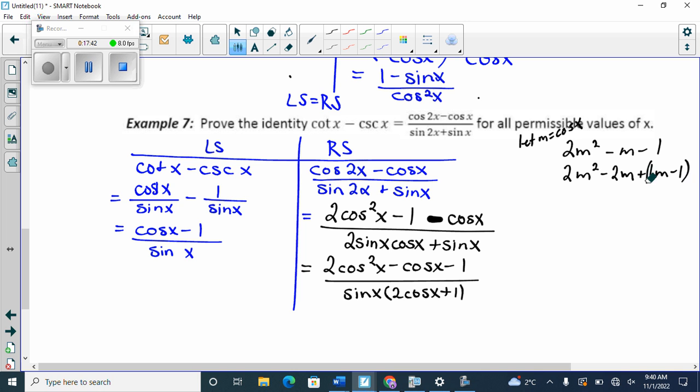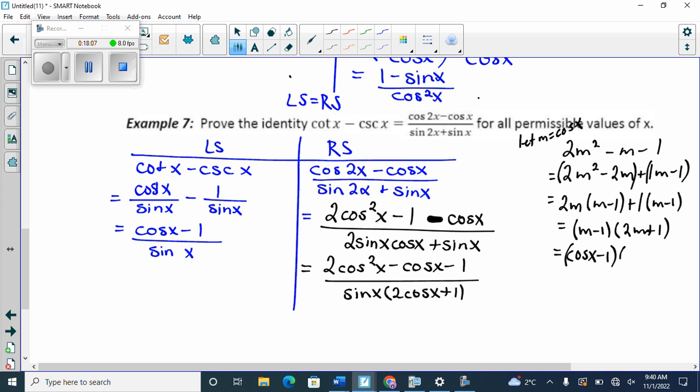Group. Take out a 2m. I'm left with m minus 1, a plus 1, I'm left with m minus 1. And so I get m minus 1 and 2m plus 1. Which is cos x minus 1 and 2 cos x plus 1.